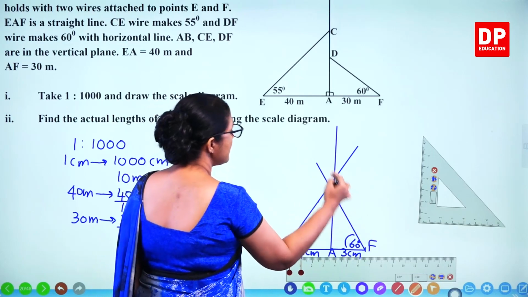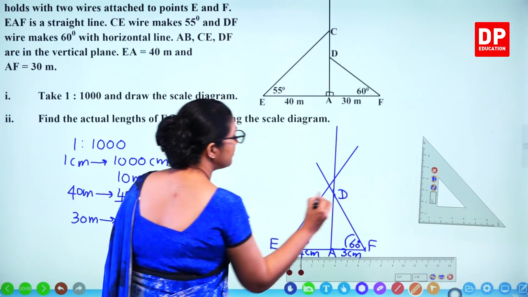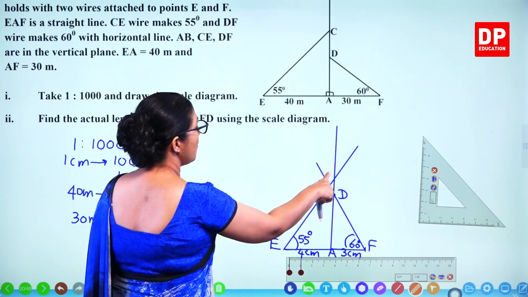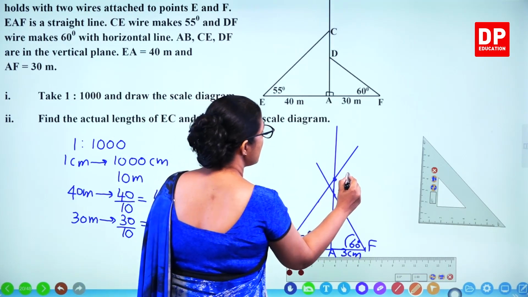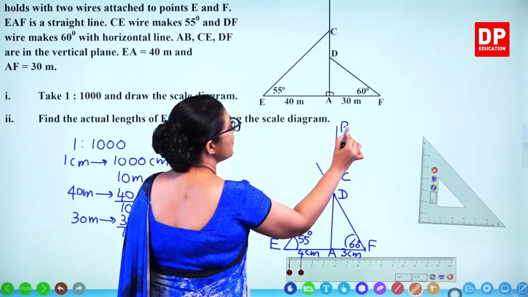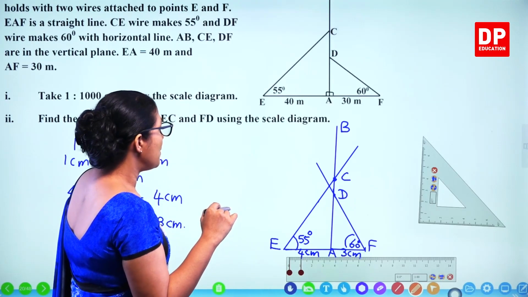This line and this line meet, this is D. This line and this one, this is C. So we don't know where the B point is, we can just mark the B point here.